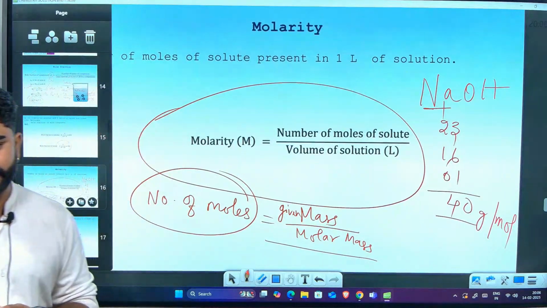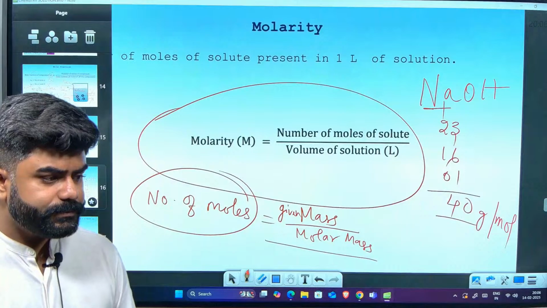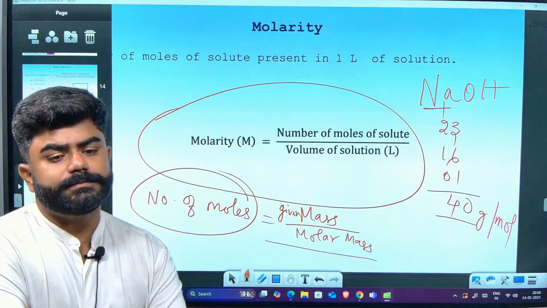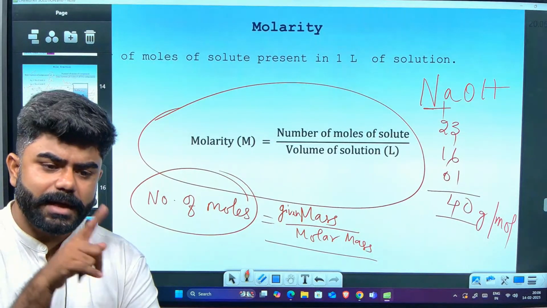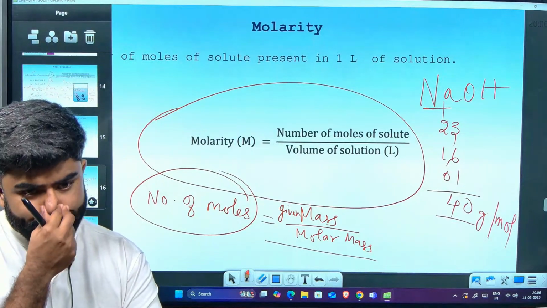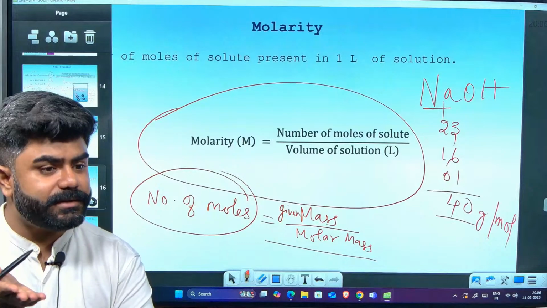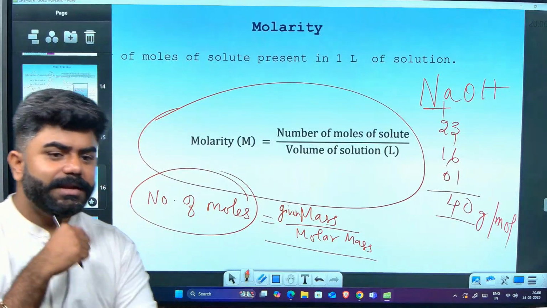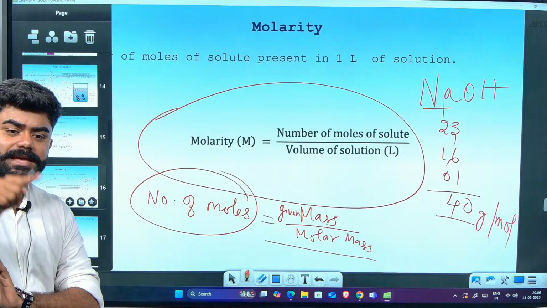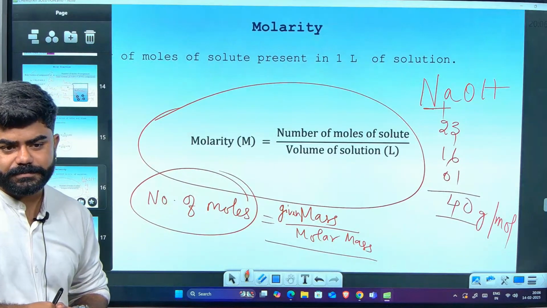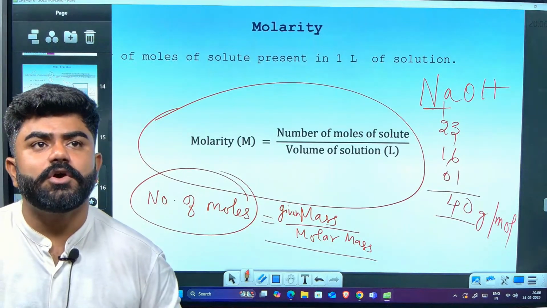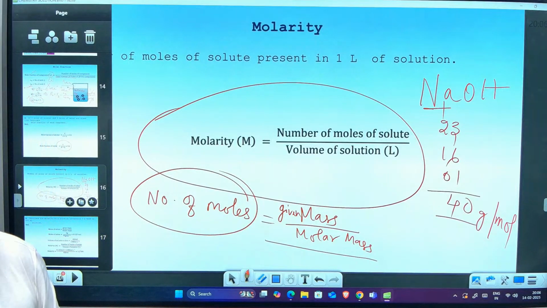Yeah, round it off. Should I write 0.27 molar? Put capital M. Or you will write the unit, mole per decimeter cube or mole per liter. You can write either the unit or capital M. Shall we go to the next? All of you ready? Yes, sir.